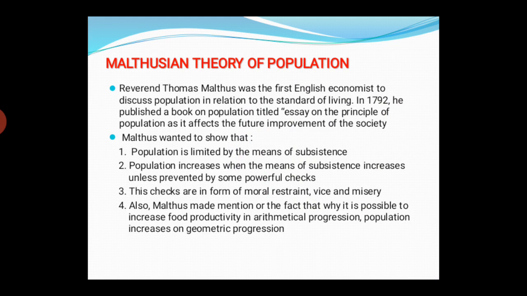He was trying to say that the food production, the availability of food, the means of subsistence, the means of survival, especially in relation to food, tends to limit, tends to impede, tends to affect the growth of population. Number two, population increases when the means of subsistence increases, unless prevented by some powerful shocks.